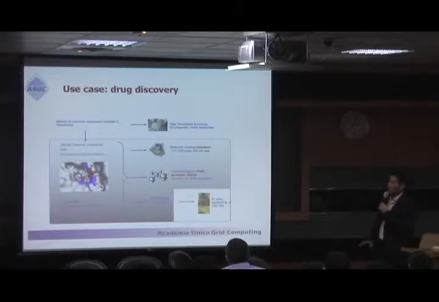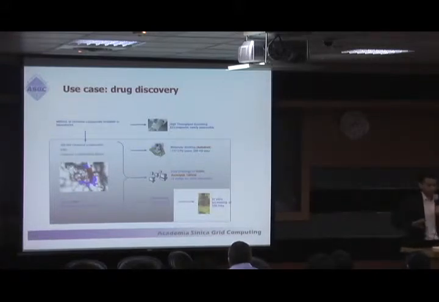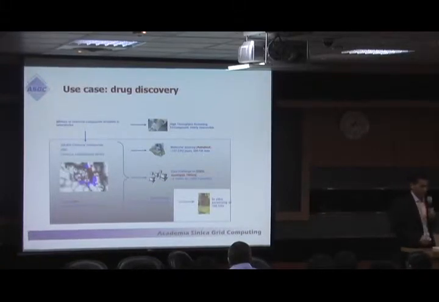So it's nearly impossible for emergency disease, and this is something that grid can help, because once you have, for example, 2,000 CPUs, you can reduce the duration to 6 weeks. And then you can immediately provide a lot of information for biologists, and they can identify the potential drugs and then directly put into the lab to do some further process to make a real drug.